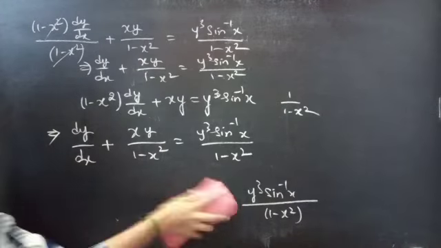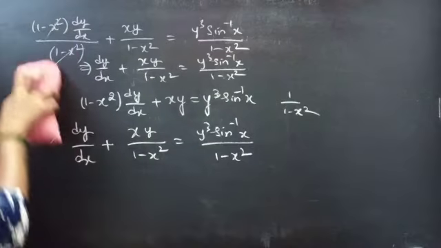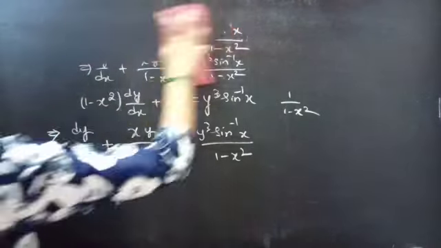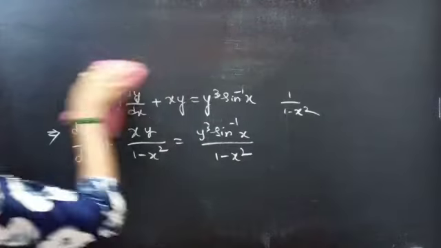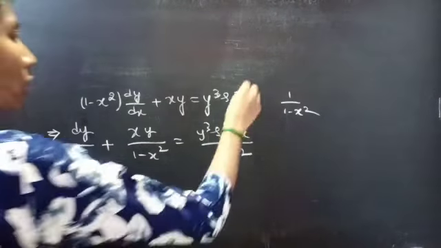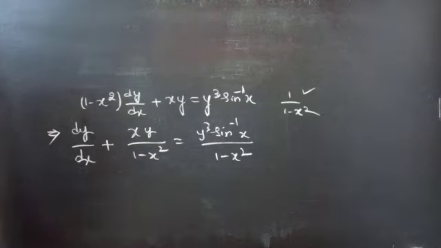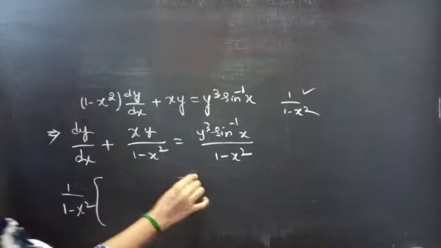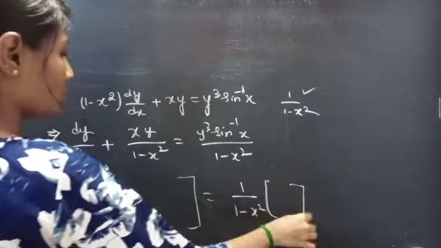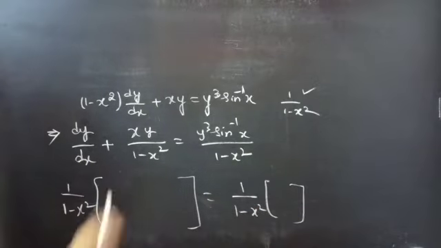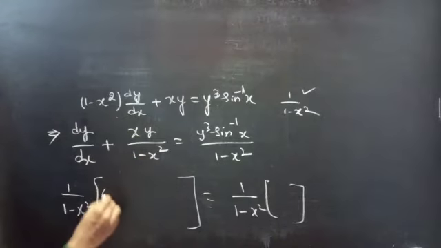Likewise, we'll get the same equation by multiplying both sides of the equation with 1 by 1 minus x square. Okay, we can also try this. We'll simply multiply 1 by 1 minus x square on both sides of this equation.